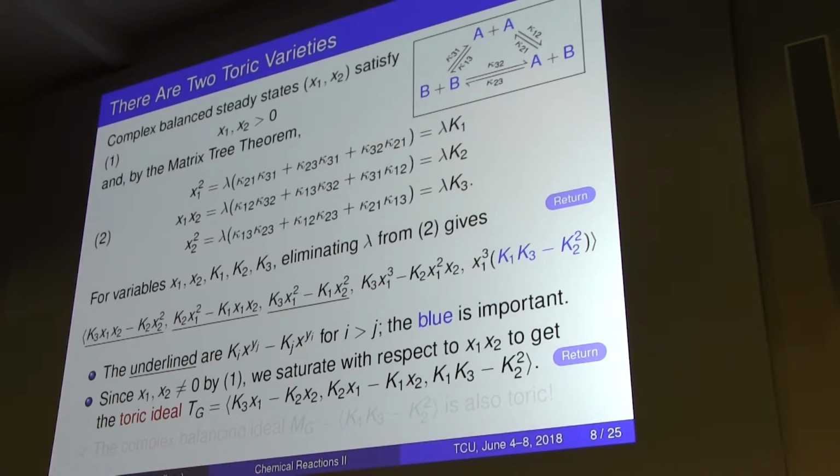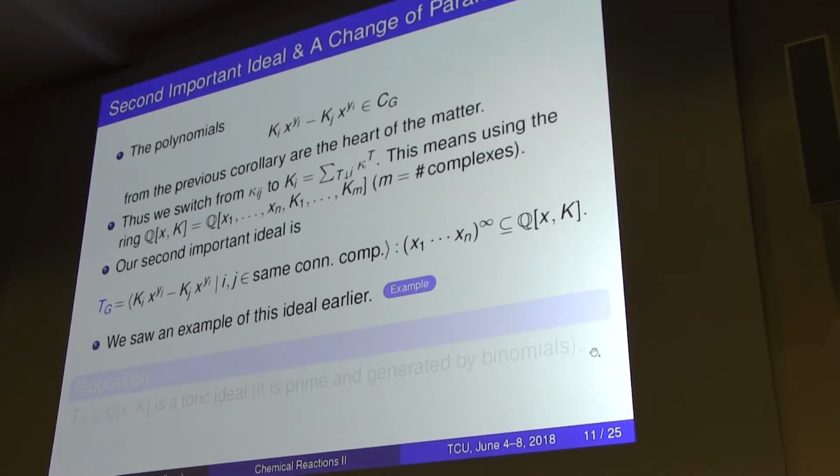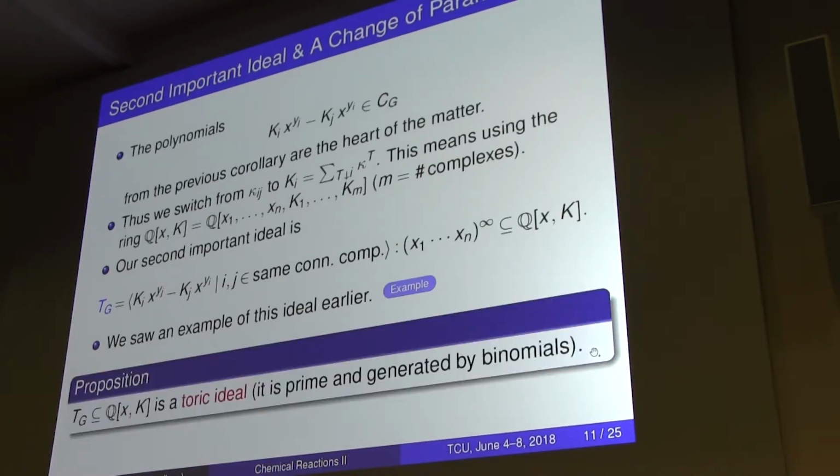The C of G ideal, the first one, was the way to say what's going on using the kappas. This basically says the same thing using the K's. And that's pretty nice. And this genuinely is a toric ideal. It's prime and generated by binomials. So it's as nice as you can get.